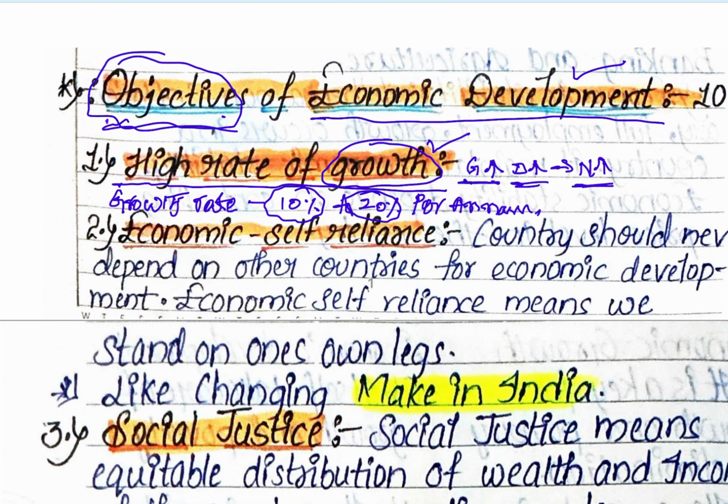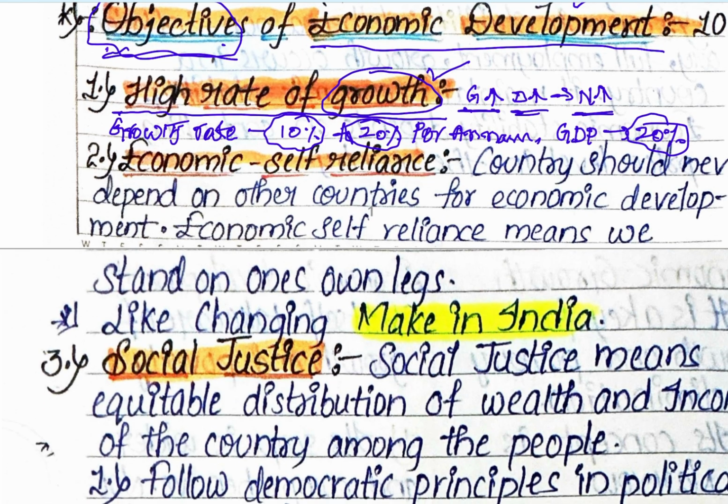And another important condition is that the GDP, gross domestic product, also increases up to 20% per annum. That is also one indicator of a high rate of growth. This is the first objective of economic development.